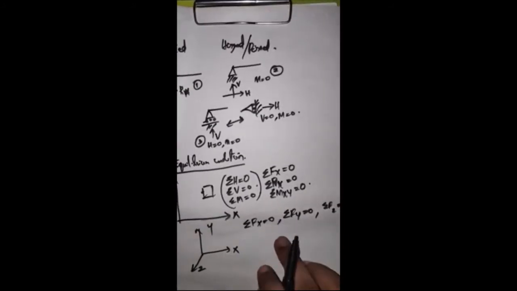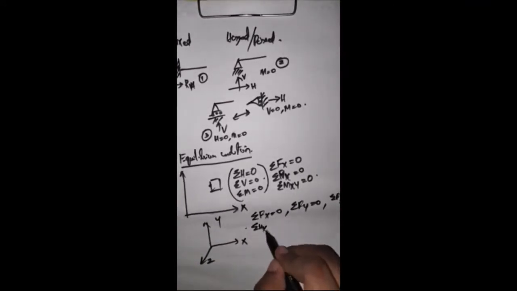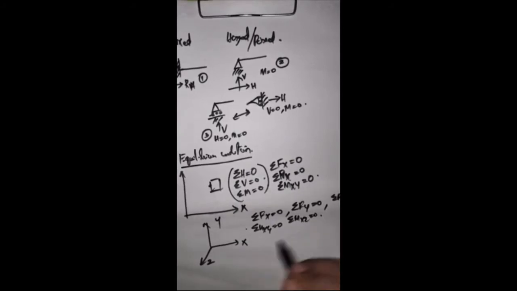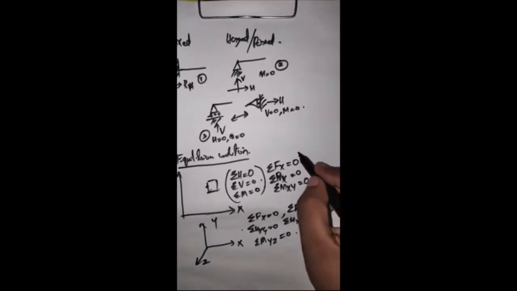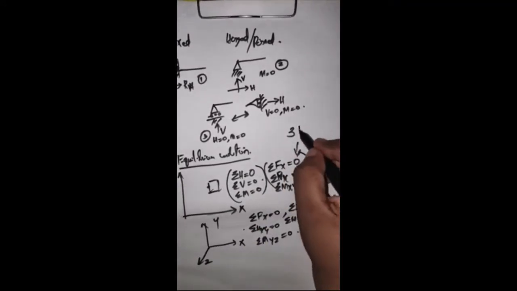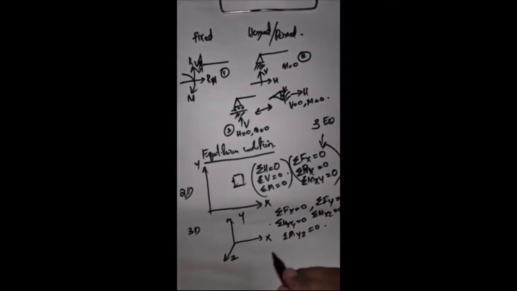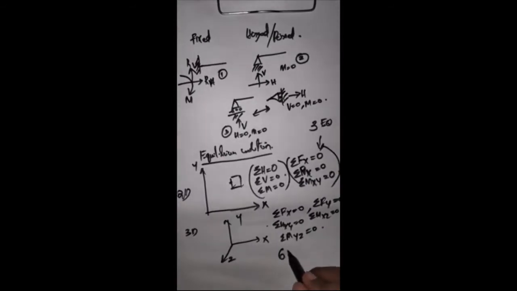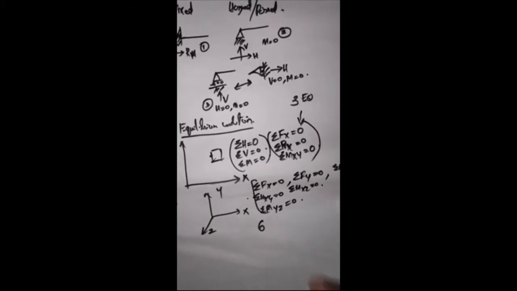Now the sum of moments Σm_xy should be 0, Σm_xz should be 0, and Σm_yz should be 0. That means for a two-dimensional body there will be three equilibrium equations, and for a three-dimensional body there will be 6 equilibrium equations.